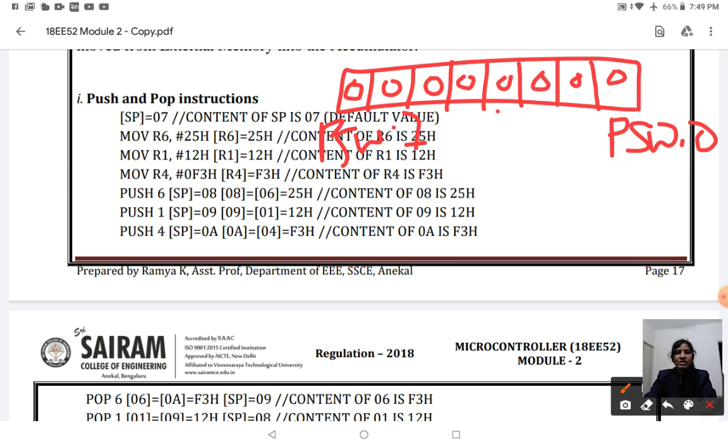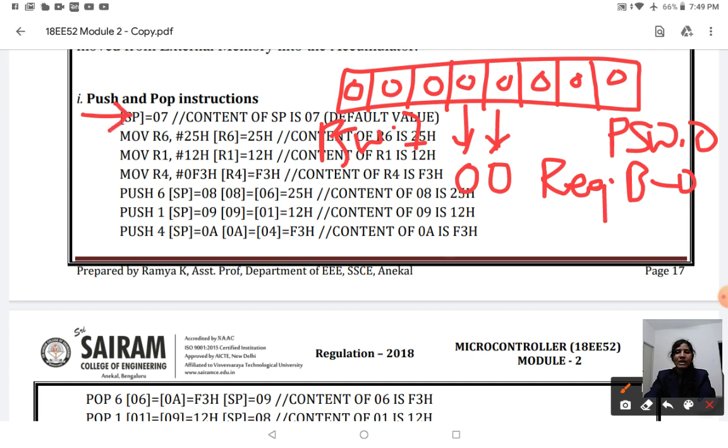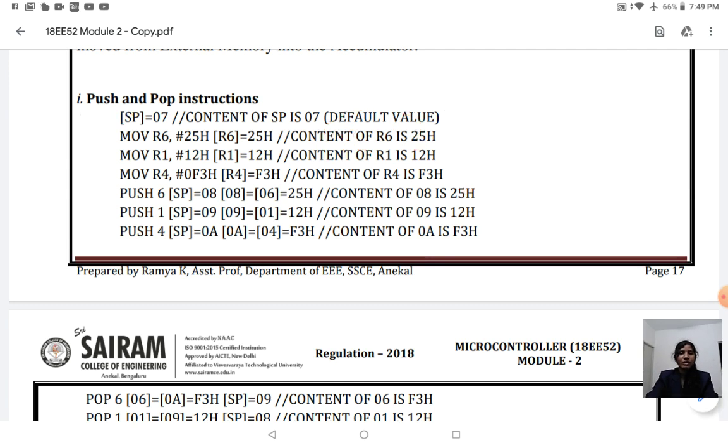Since PSW.3 and PSW.4 are 0, 0, register bank 0 will be selected, and by default the stack pointer will point to 07H. Therefore, the address of the stack pointer on reset of your microcontroller is going to be 07H.